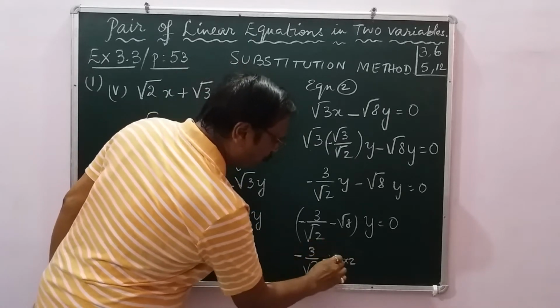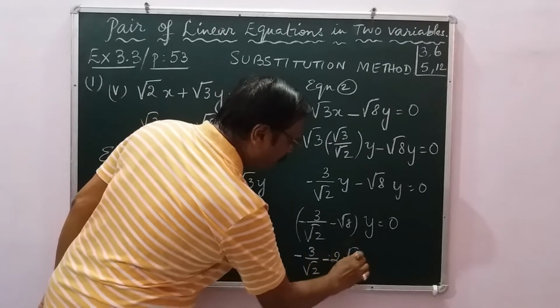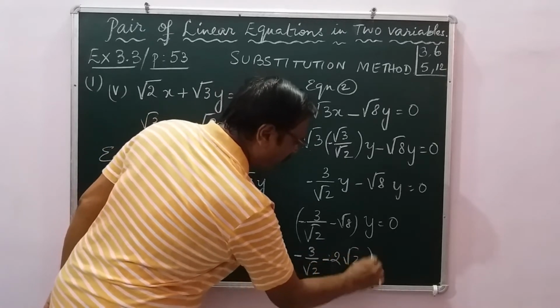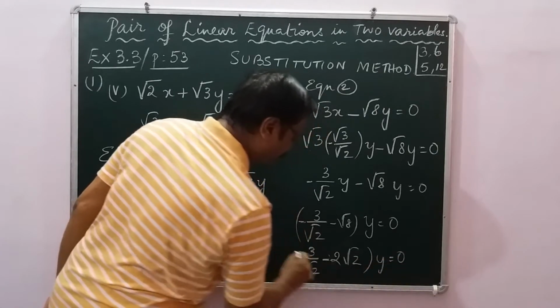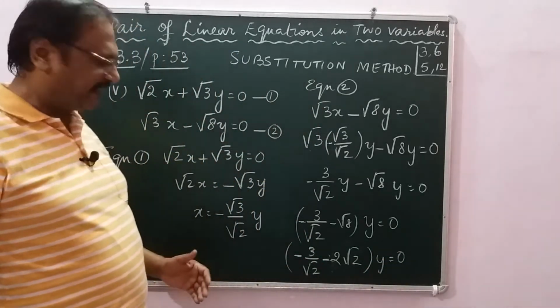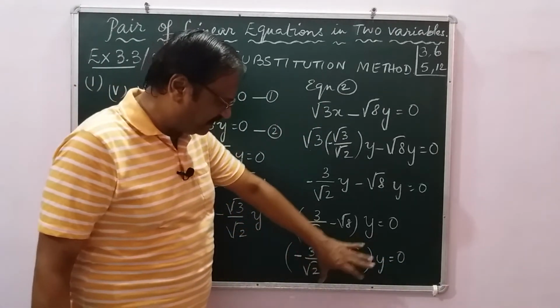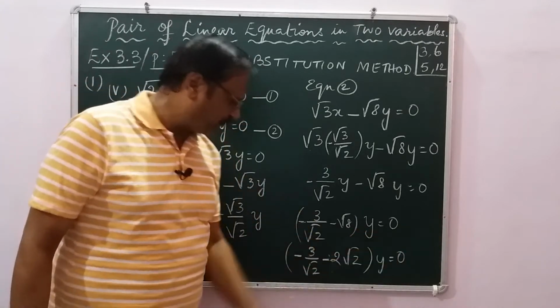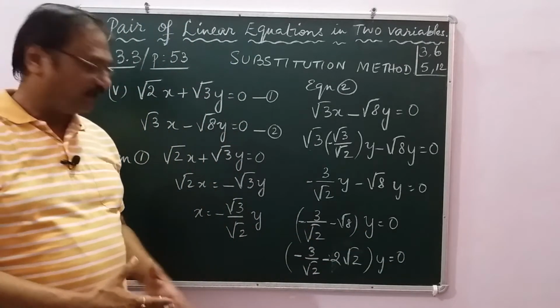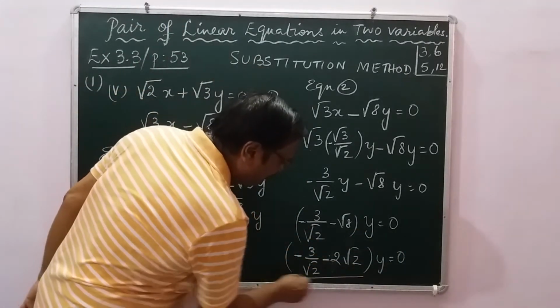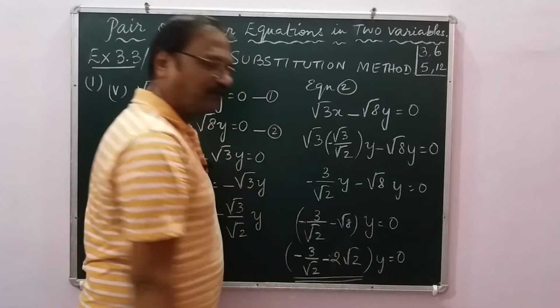So, 2 root 2 of y is equal to 0. Tell me, can this number be equal to 0? It is not possible. So, this part cannot be equal to 0.